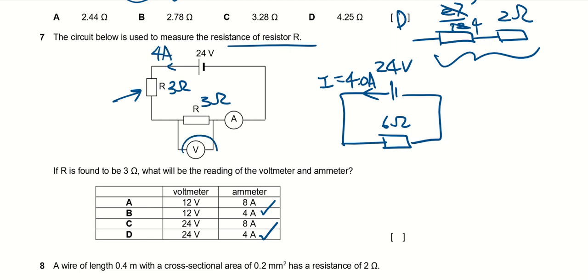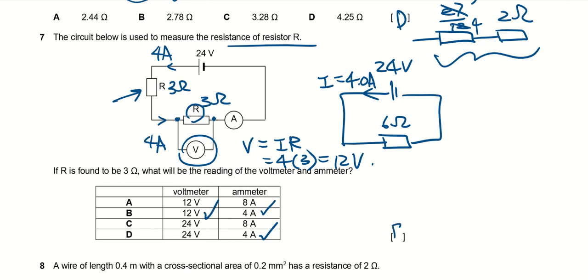The trick here now is the voltmeter is actually measuring the potential difference across this second resistor. We have a current of 4 ampere passing through this resistor, so the voltage measured by the voltmeter is the current multiplied by the resistance, we get 12 volts. So the answer is 12. Okay, so the answer is B.